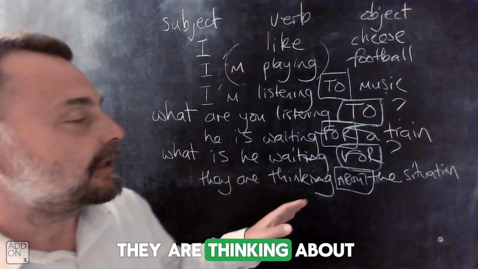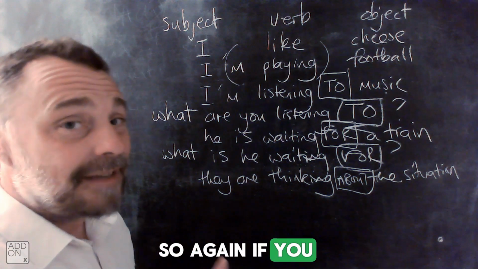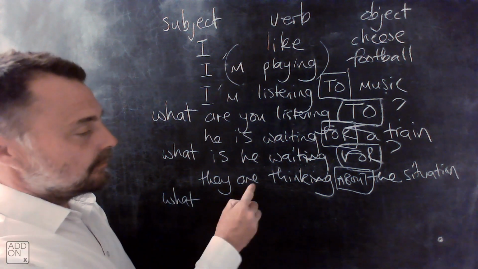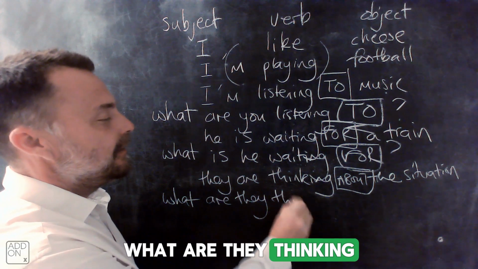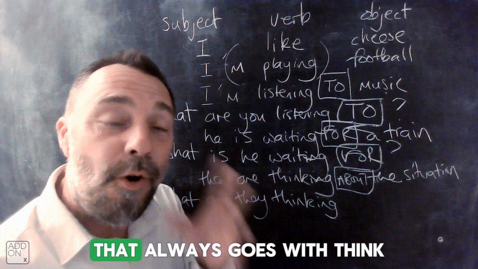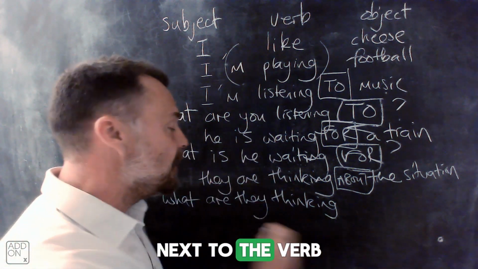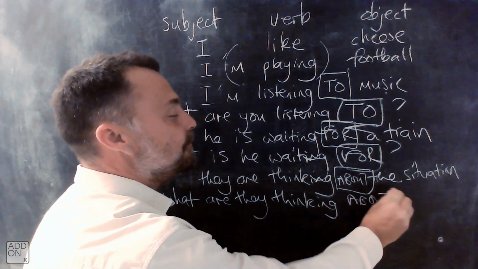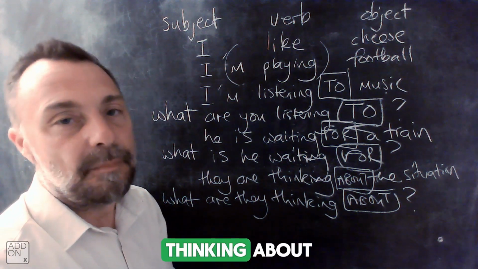So again, if you ask the what question, what are they thinking? You need the preposition that always goes with think. You need the preposition next to the verb. What are they thinking about?